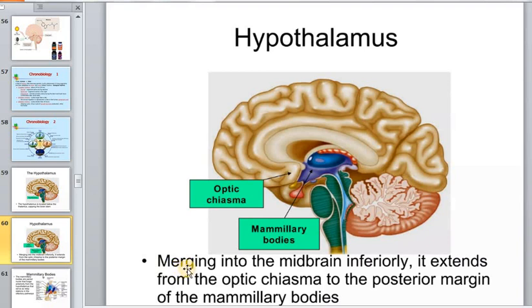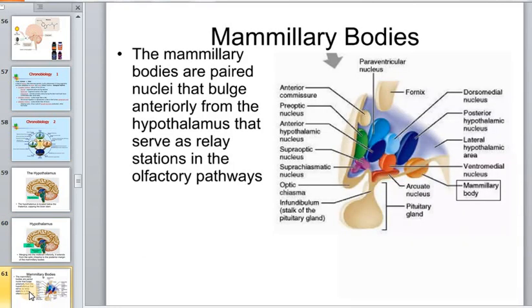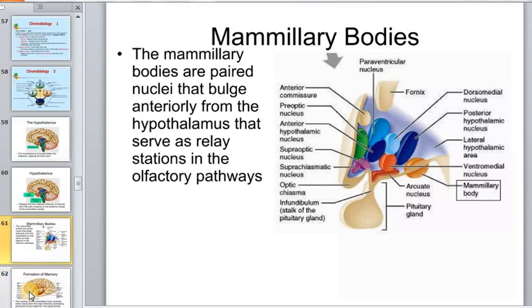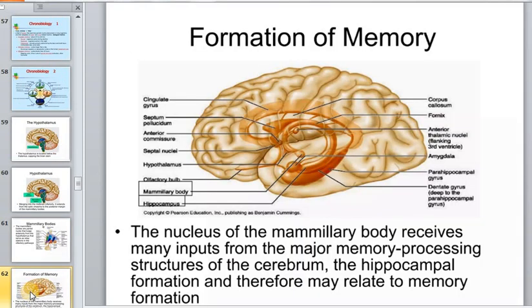Extending into the midbrain inferiorly, it advances from the optic chiasma to the posterior margin of the mammillary bodies, the first part. These are paired nuclei that bulge anteriorly from the hypothalamus and serve as a relay station in the olfactory pathways and function in memory.